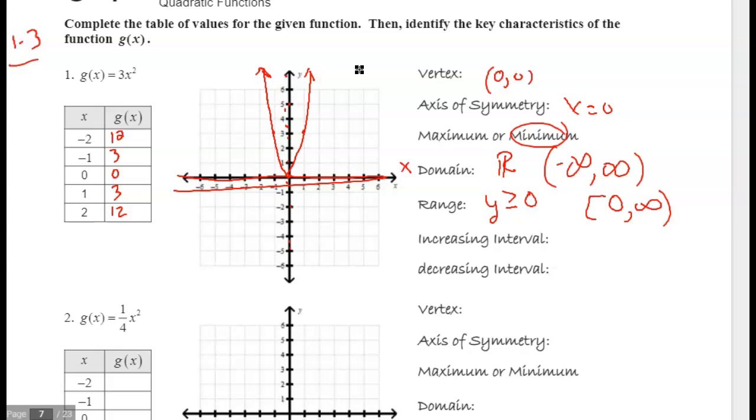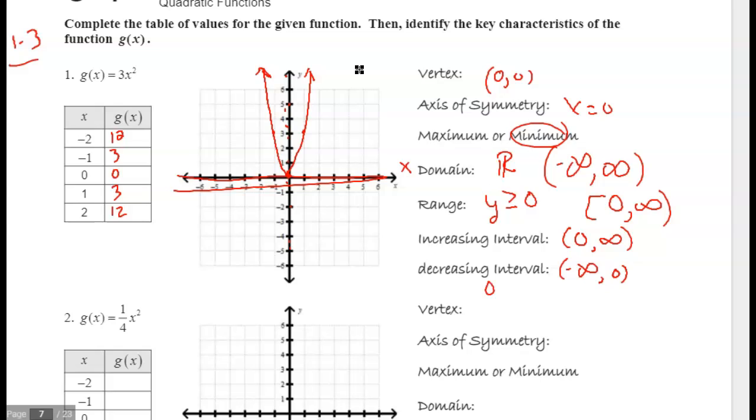Where is it increasing? Well, it increases starting just after 0, because at 0, 0 it's not doing anything. And it increases all the way to infinity. And where does it decrease? Well, it decreases starting at negative infinity and goes all the way to 0. You could do either of those intervals.